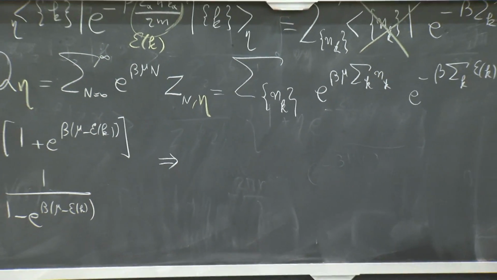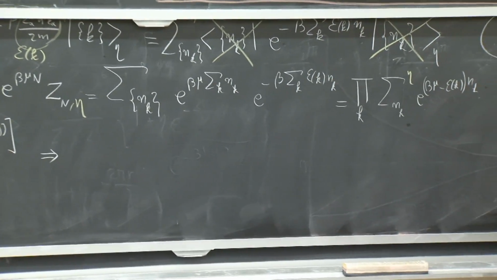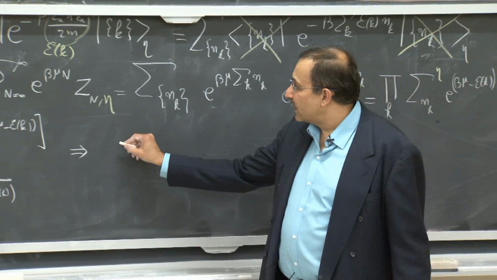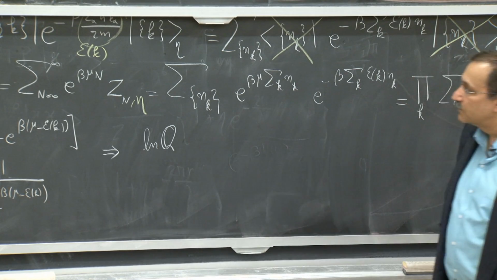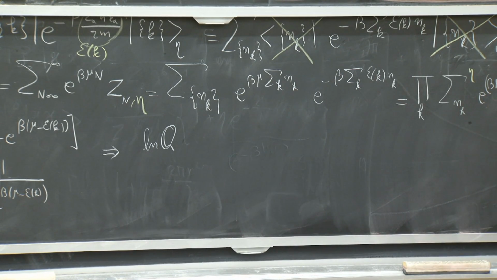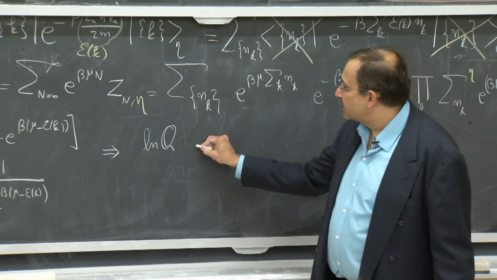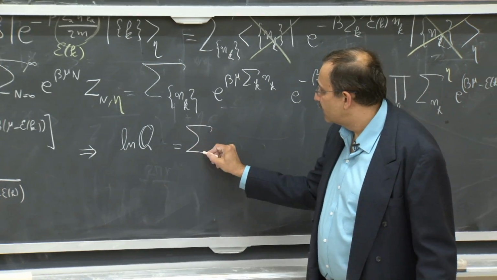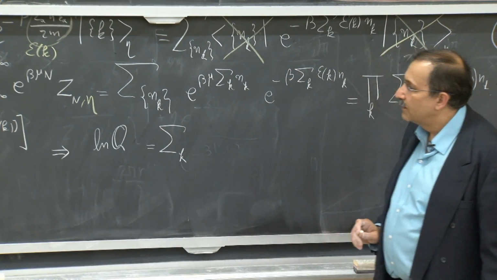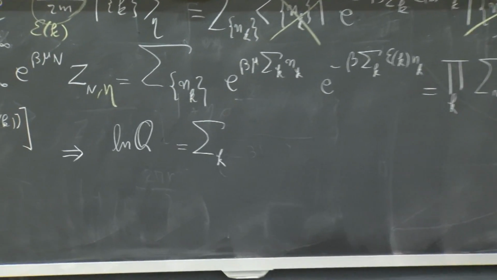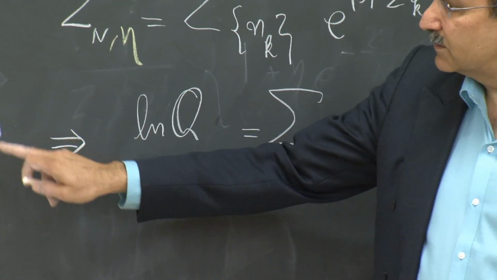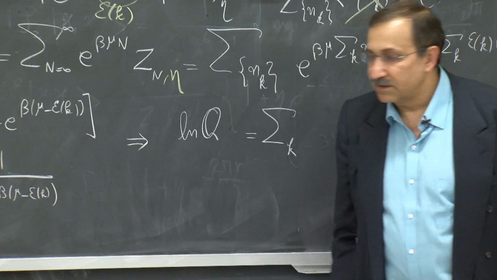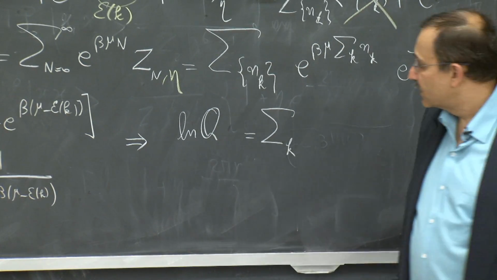Typically, we would be interested in things like partition functions, grand partition functions. So we have something like log of Q, which would be a sum over k. And I would have either the log of this quantity or the log of this quantity with a minus sign.